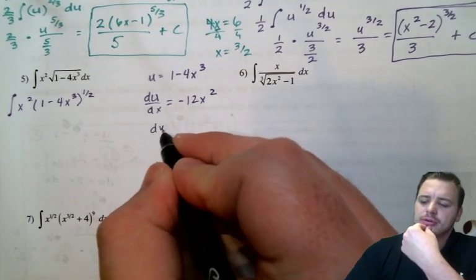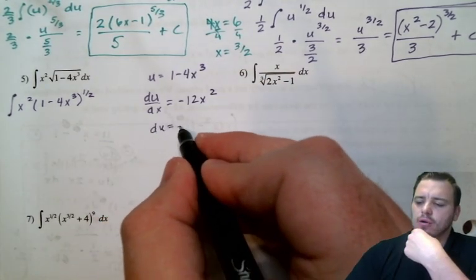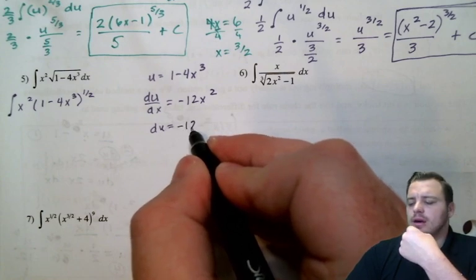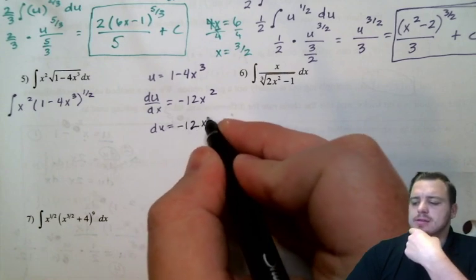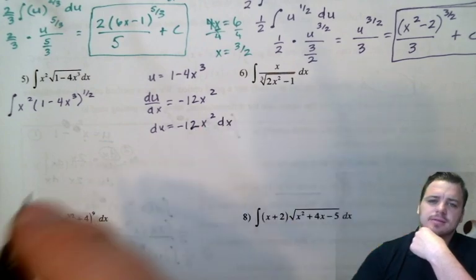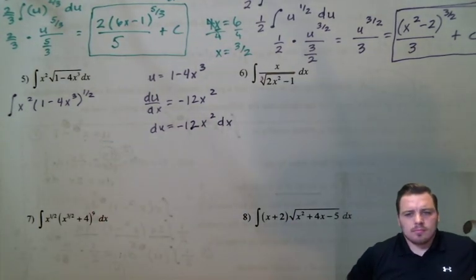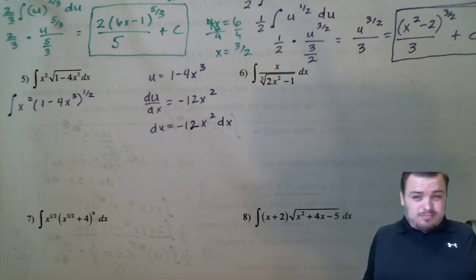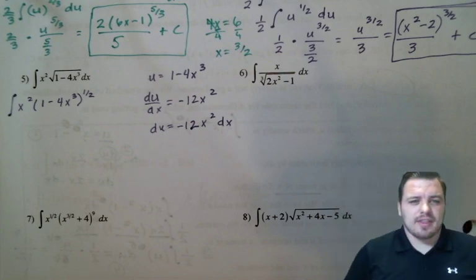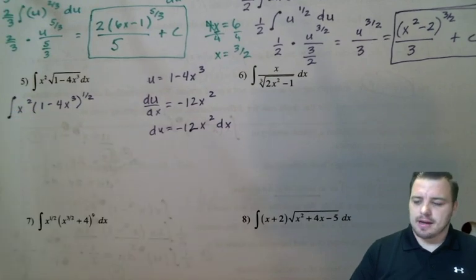So du is equal to negative 12x squared dx. So I have x squared and I have dx.